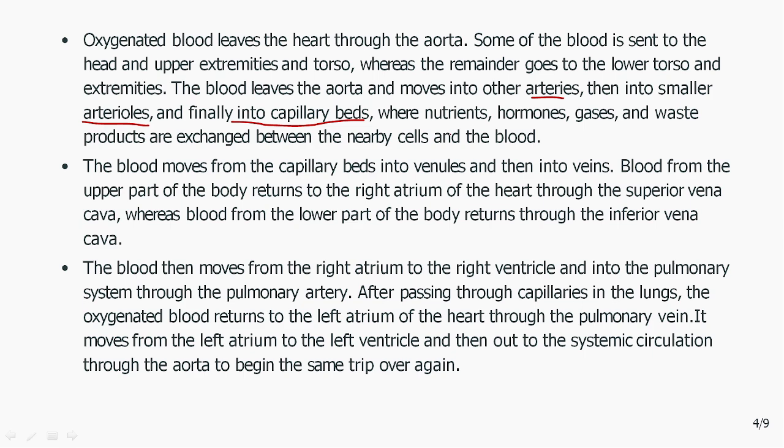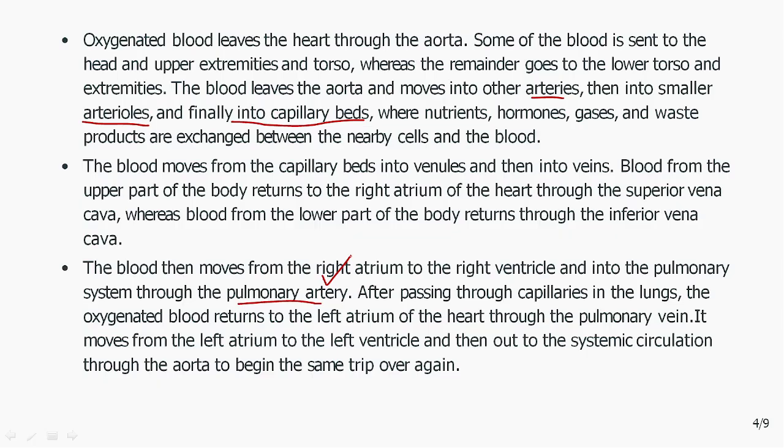The blood then moves from the right atrium to the right ventricle and into the pulmonary system through the pulmonary artery. And we already discussed that this pulmonary artery, though it is called an artery, contains deoxygenated blood.